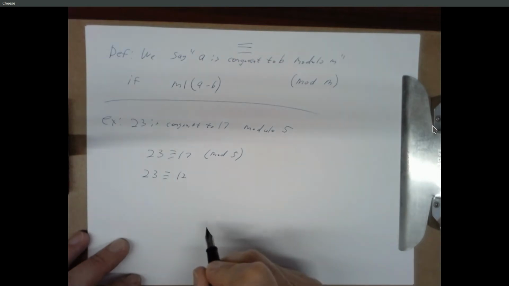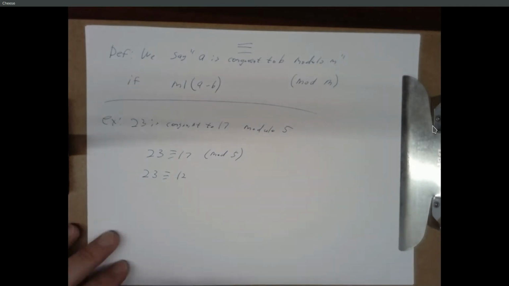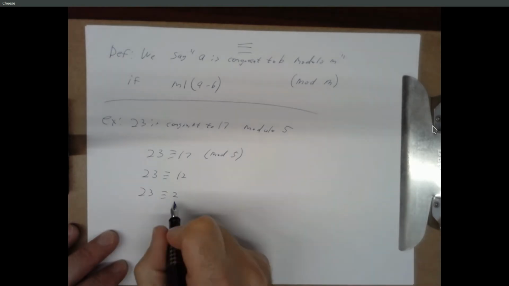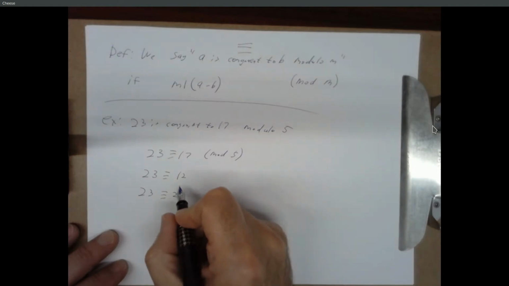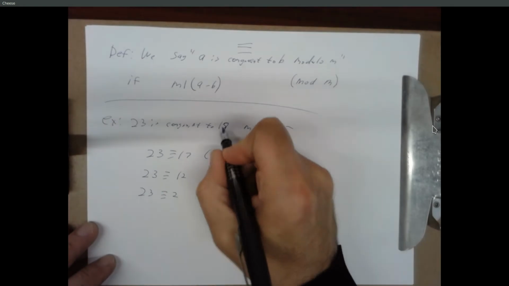23 is also congruent to 12. And I'm just going to be working mod 5 for the rest of this column, so I'm not going to keep writing mod 5 in parentheses. 23 is also congruent to 3. I lost something here. About 18.